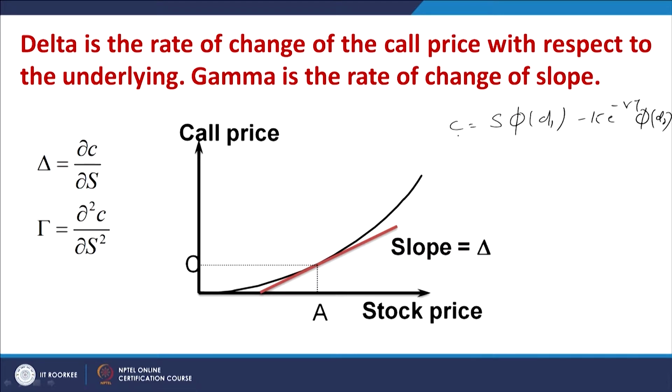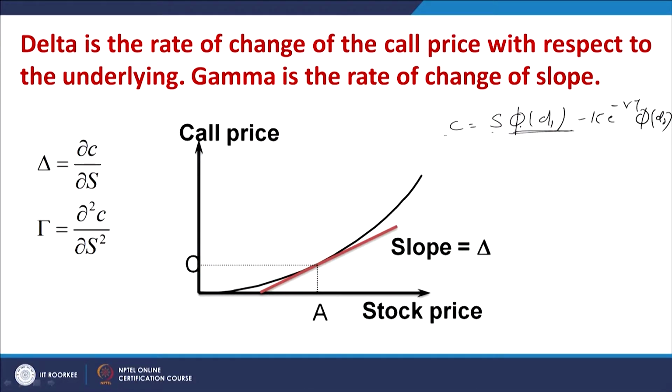So, if you plot a curve between C and S, this factor is certainly not constant, and d1 is not independent of S, therefore, phi d1 is not independent of S, and therefore, the coefficient of S is not independent of S, and therefore, it is not a linear graph. It is a curved graph, and the slope is referred to as delta.